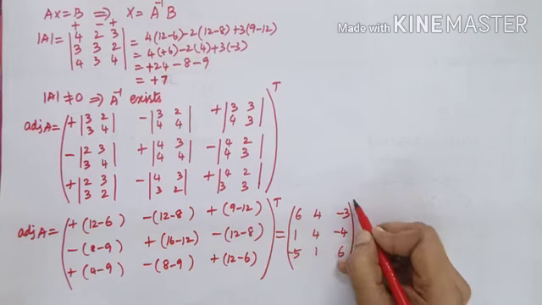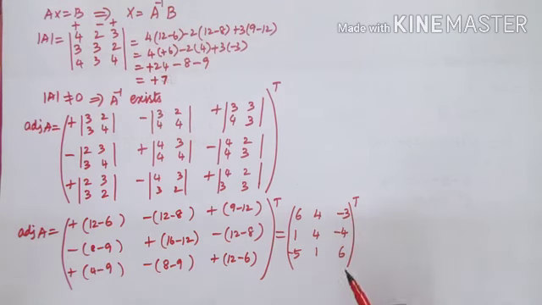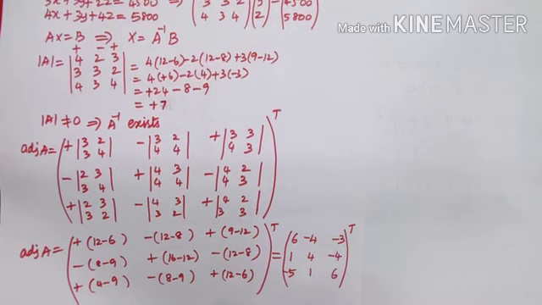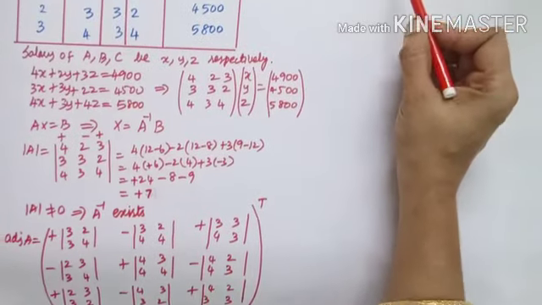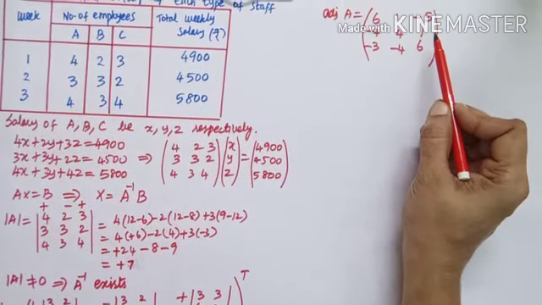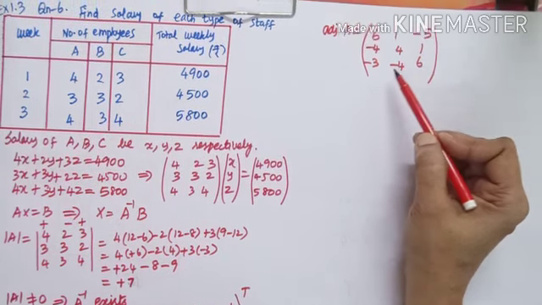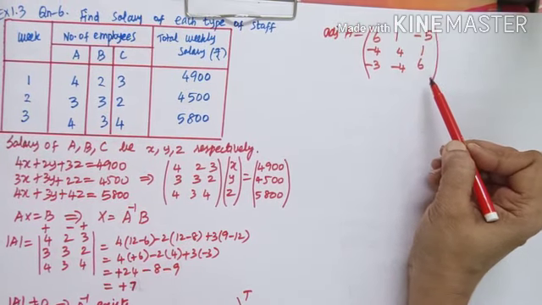The whole transpose gives me the adjoint 6, 1, minus 5, minus 4, 4, 1, and minus 3, minus 4, 6.